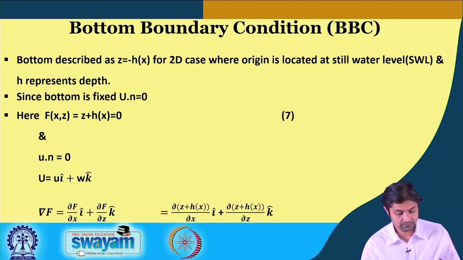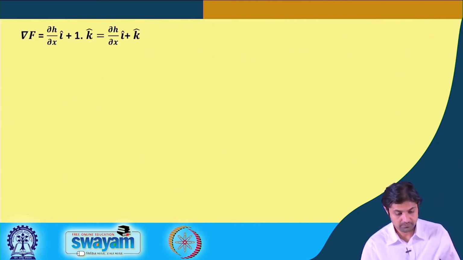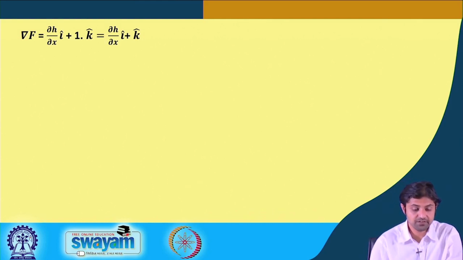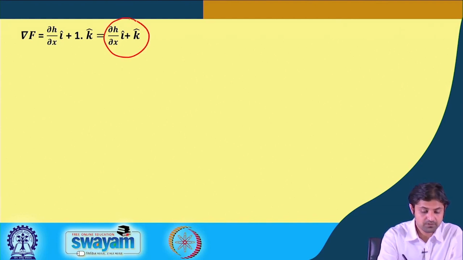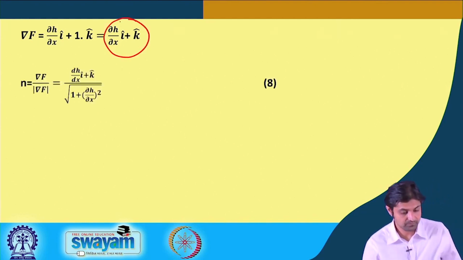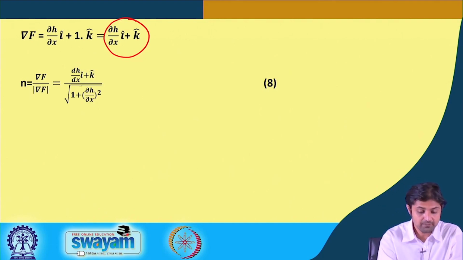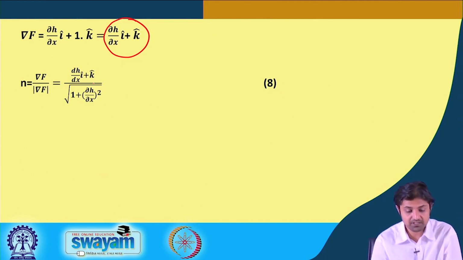So, delta f will be del h del x i cap plus k cap. So, n will be delta f divided by modulus of delta f. We will get dh dx i cap plus k divided by the square root of 1 plus dh dx whole square, simple mathematics.